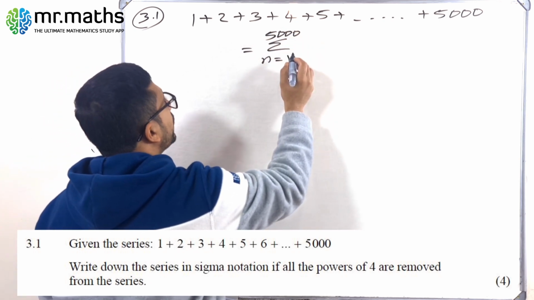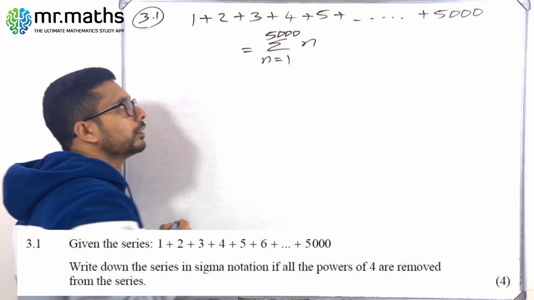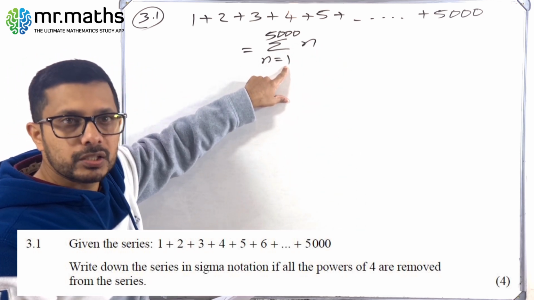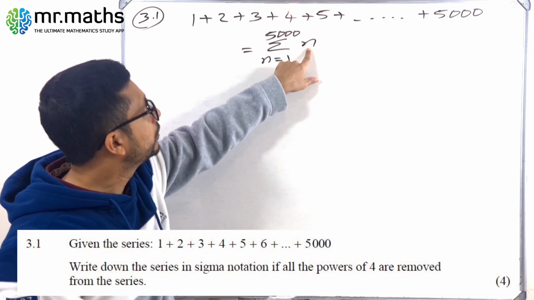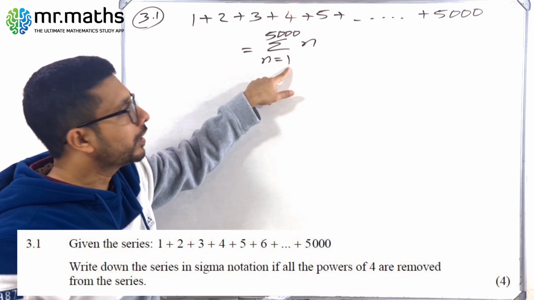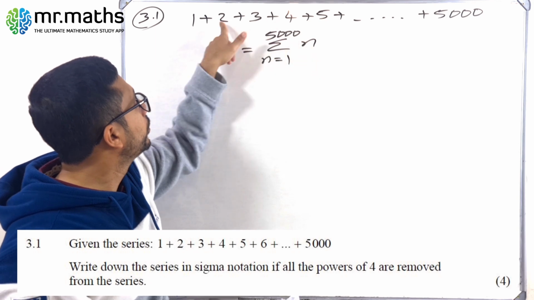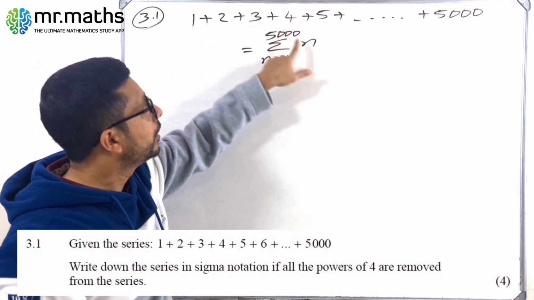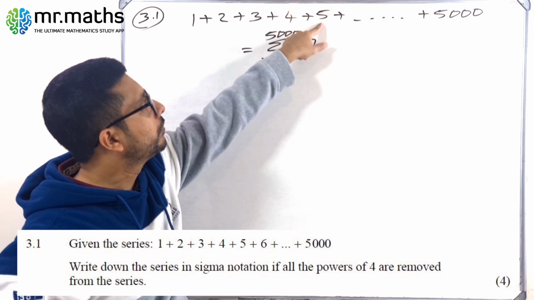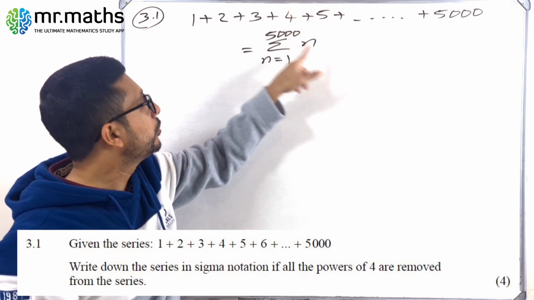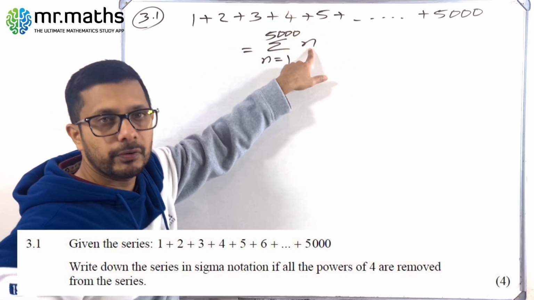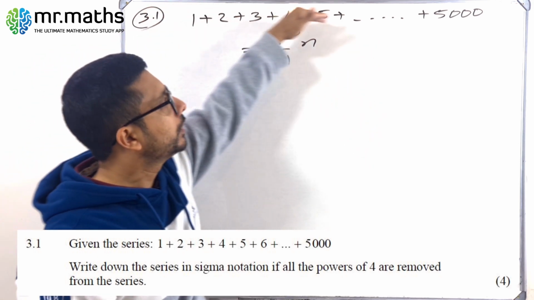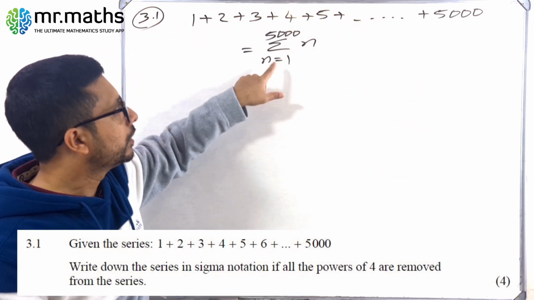First substitute the value of n as 1, that is this one. Then n as 2, that is this one. N as 3, that is this one. 4, 5, up to 5000. So when you substitute n as 5000, we get the last term. So this is the sigma notation.